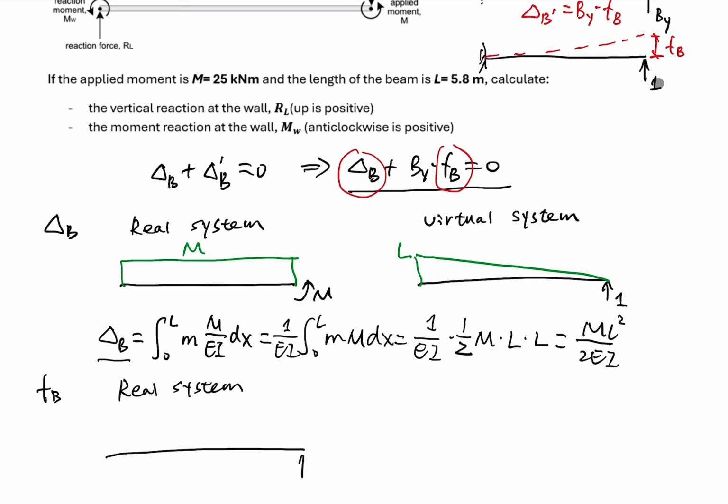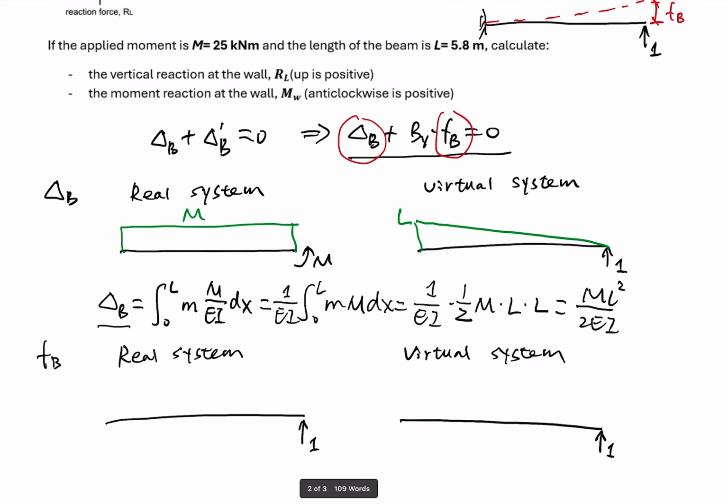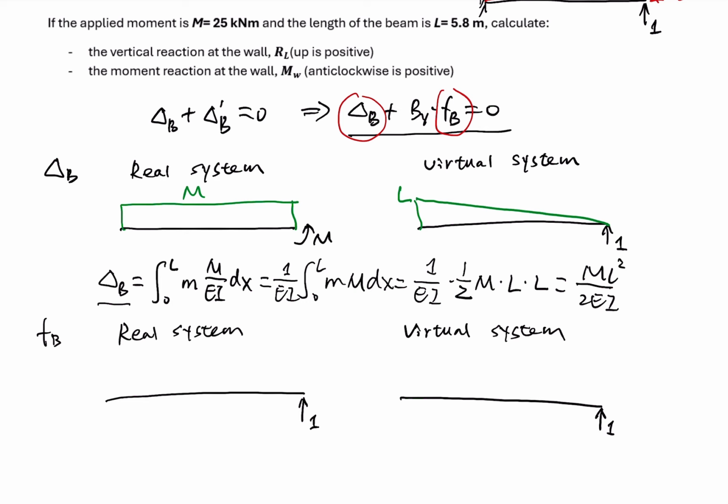We have a unit load 1 and a virtual system. So we need to know FB, so we assume FB goes upwards. We apply a virtual load 1. Then we need to draw the bending moment diagram. The bending moment diagram is L.